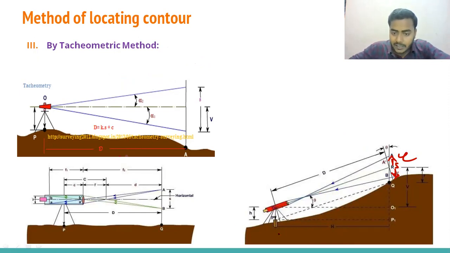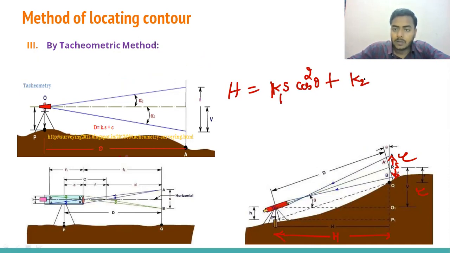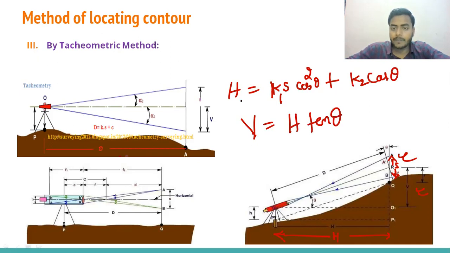As you can see in the figure, the horizontal distance is H and the vertical distance is V. So H will be K S cos square theta plus K1 K2 cos theta, and V, the vertical distance between station A and B, will be H tan theta.